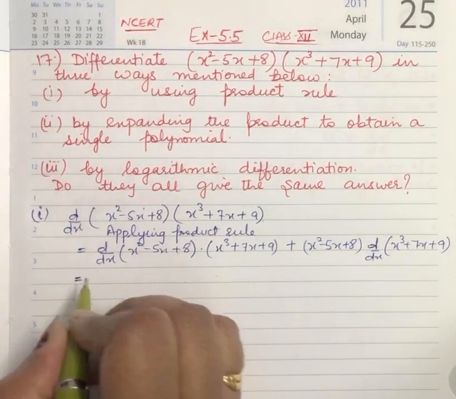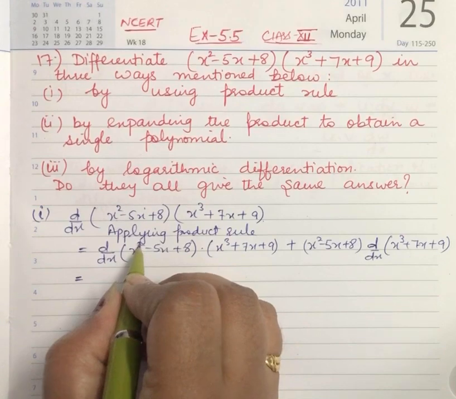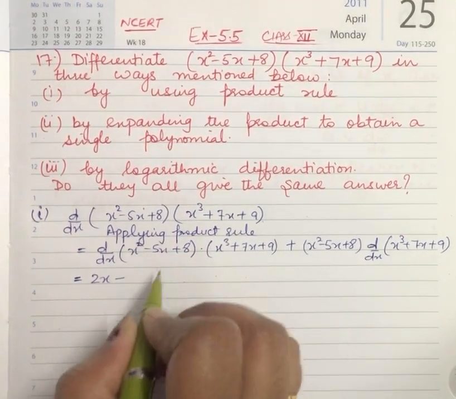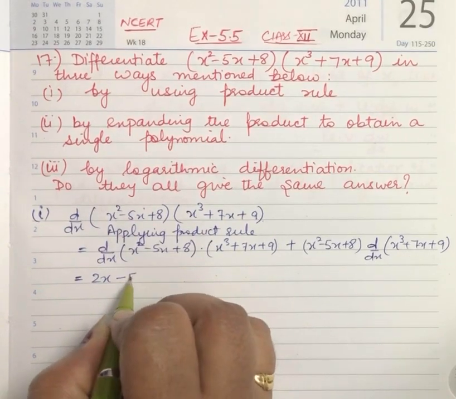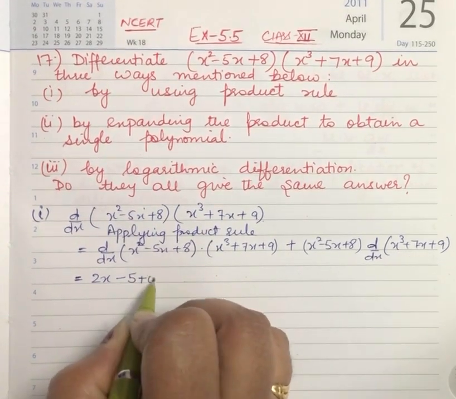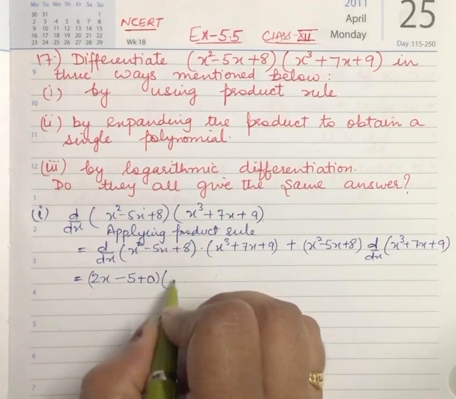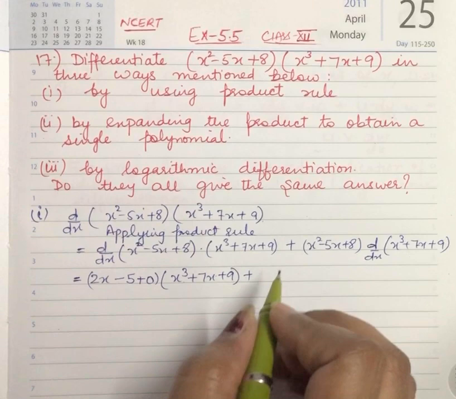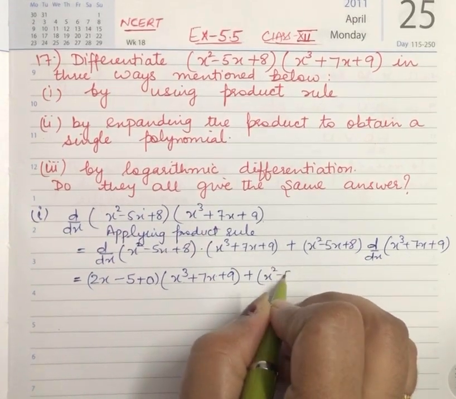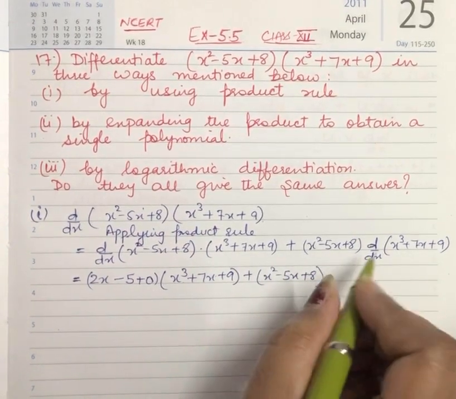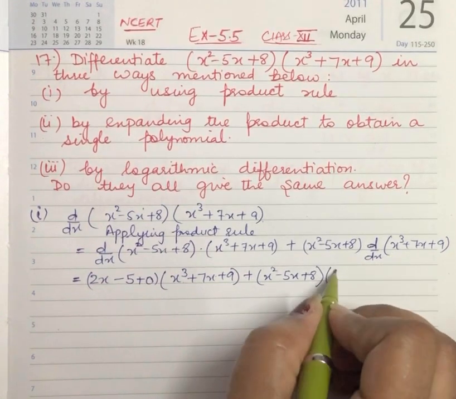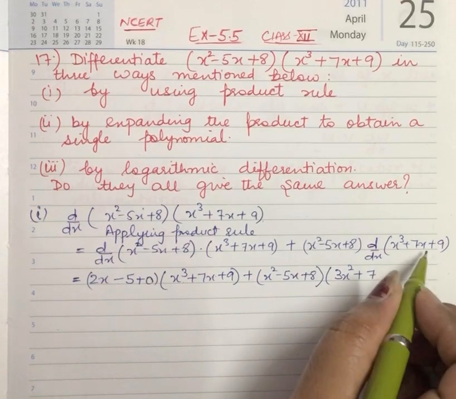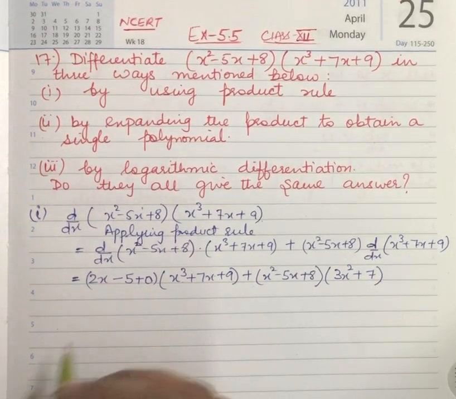Now differentiating the first function, we get differentiation of x square is 2x, minus differentiation of 5x is 5, and 8 is 0, and x cube plus 7x plus 9 as it is, plus now x square minus 5x plus 8 as it is, and differentiation of x cube is 3x square, plus 7x is 7, and 9 is 0.